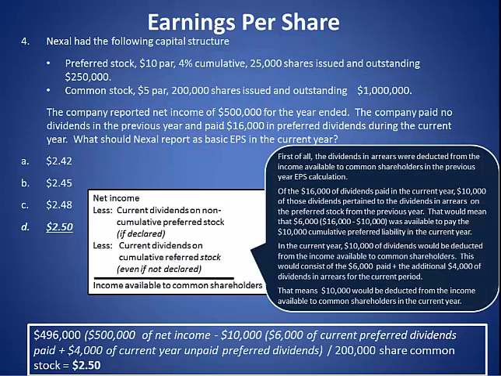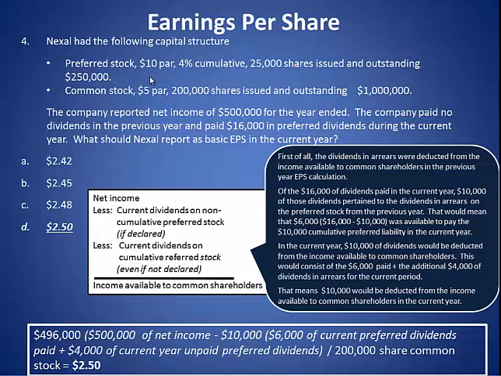Okay, one of the things we need to consider is whether the preferred stock is convertible into some type of common stock. Here it says preferred stock, it's cumulative, 25,000 shares issued and outstanding.